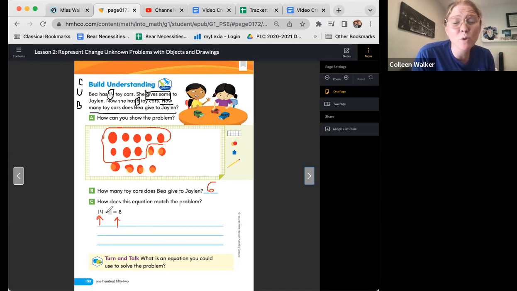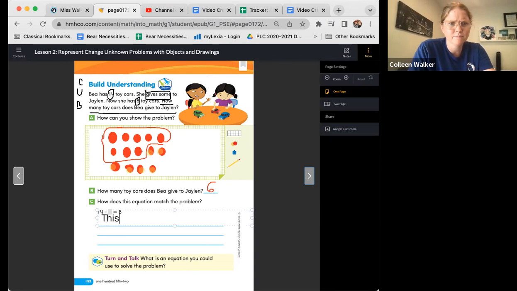And then it tells us what we didn't know at first, which was how many she gave to her friend. That was the missing number. We didn't know. So let's go ahead and use a little eraser right here, and we can write in our answer.